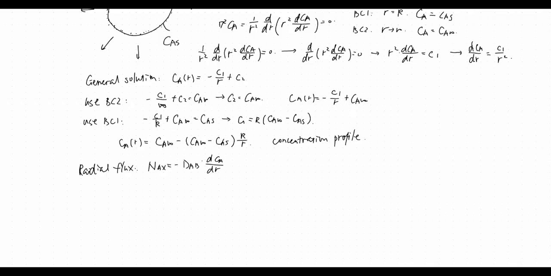You just take the derivative of the concentration with respect to r. It gives you (CA infinite minus CAS) multiplied by capital R divided by r squared. Now, if you wanted to know the solute flux at the surface, solute.